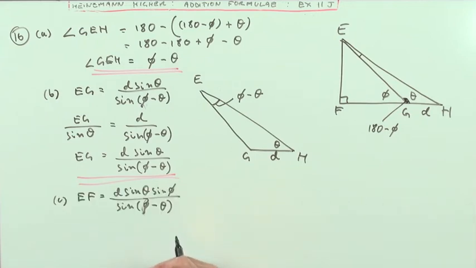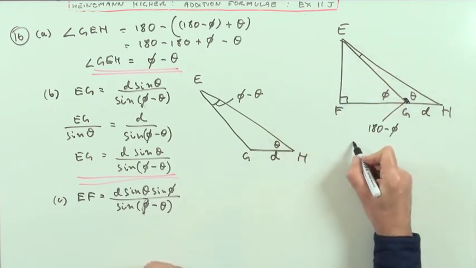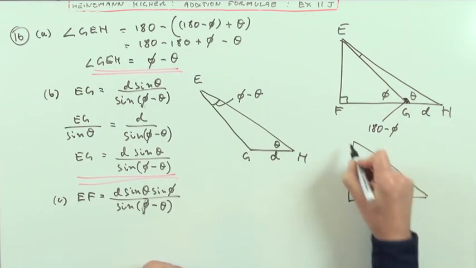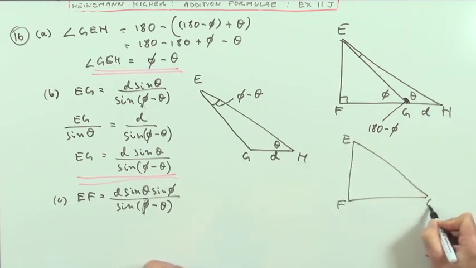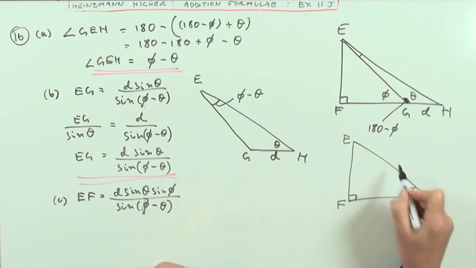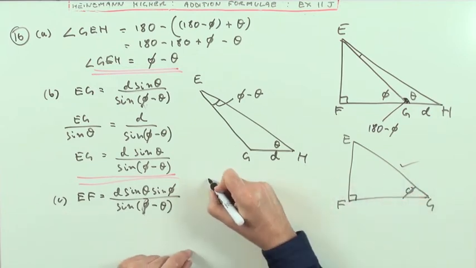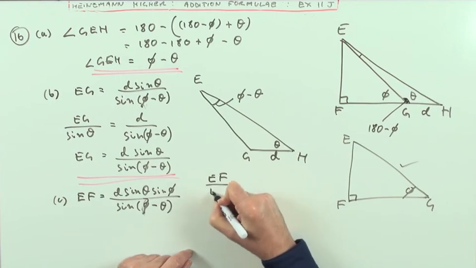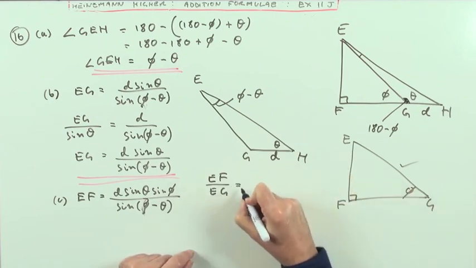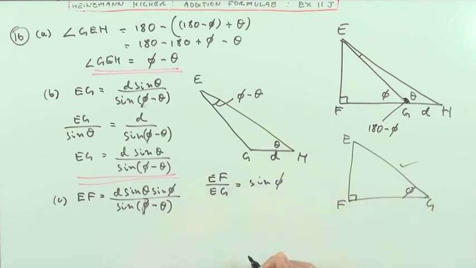And in part C, show that EF is given by this expression. Well, for EF, I can use the right angle triangle at the side. I've got EFG. It's a right angle triangle, that's phi, and I know the length of EG now. So I've got the sine of that angle, so I can simply say that EF over EG is the sine of the angle opposite EF, which is the sine of phi.